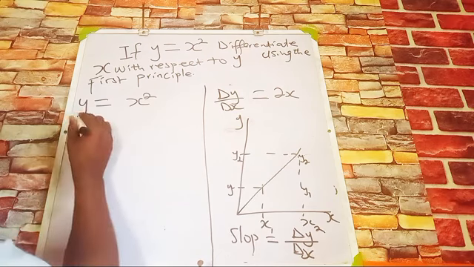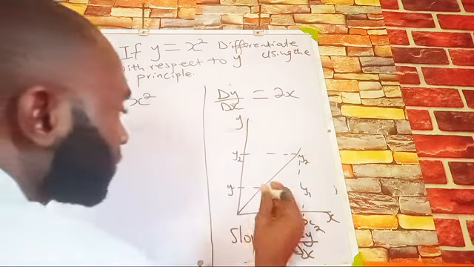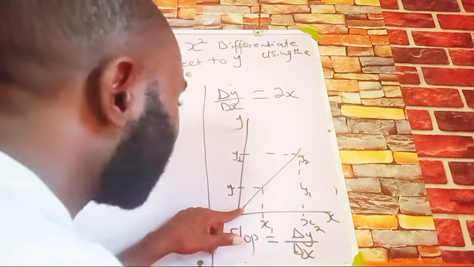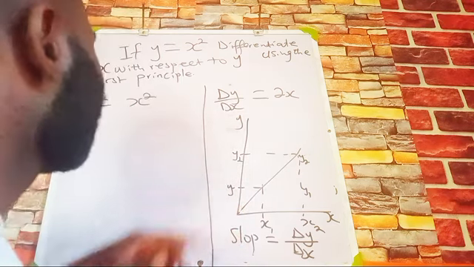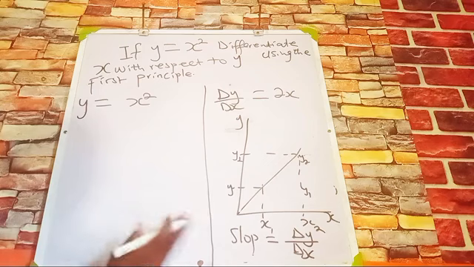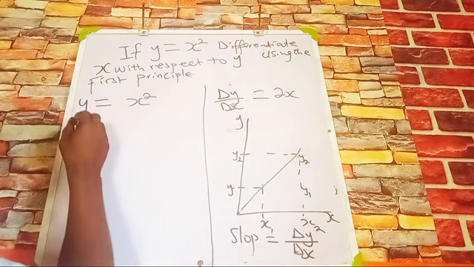Here too we're going to find that positive change, because there is a particular change in x that we don't know. So let's find it using first principle, differentiating this with first principle, you find the positive change.